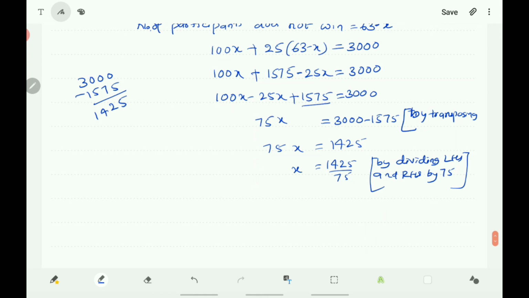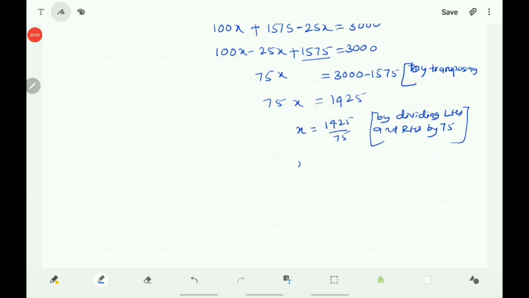Then x equals 1425 by 75. Dividing by 25, we get 57 by 3. Again, 5 plus 7 is 12, which is in the table of 3, so 3 times 19 is 57.